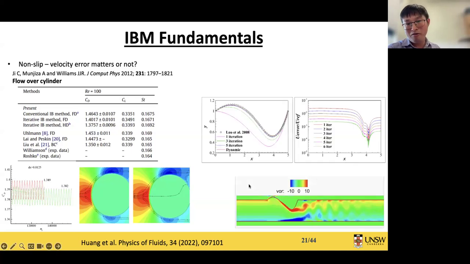But when we move to a classical channel, a small error in the velocity, like 1% or 2%, could introduce a huge error in the deformation of this channel. The error could be 20% or higher. That means for mostly external flow, like flow over a cylinder or sphere, it doesn't matter. For internal flow, it could be an issue.